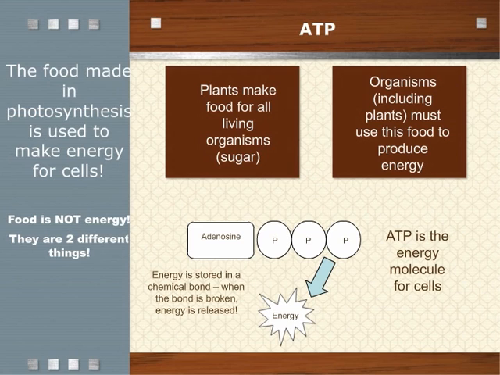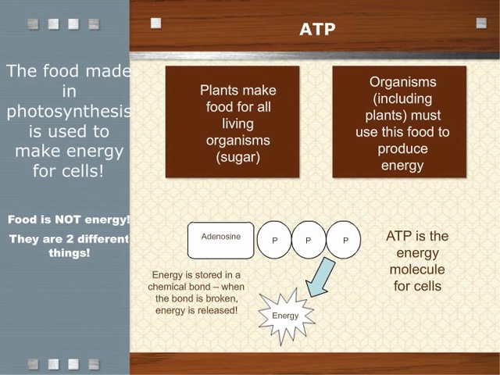you will see the same diagram that is on this slide. A diagram showing you the structure of adenosine triphosphate. The 3 P's represent the 3 phosphates. Adenosine triphosphate stores energy in a chemical bond.